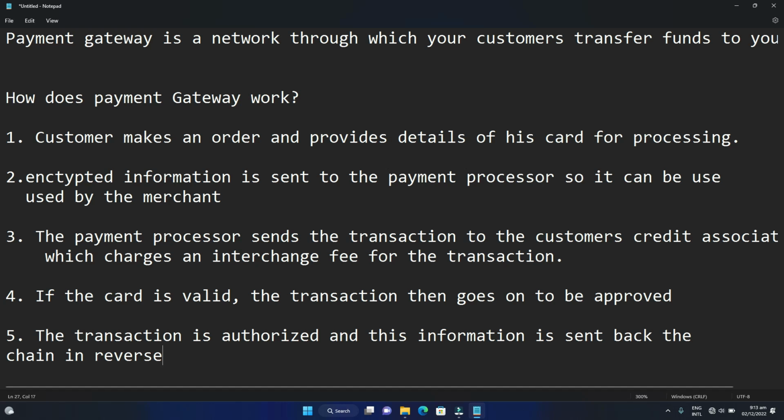It's very simple. Now, in case you are wondering what the reverse procedure is, the reverse procedure is payments processor to payments gateway and then online store. So let me put it here.